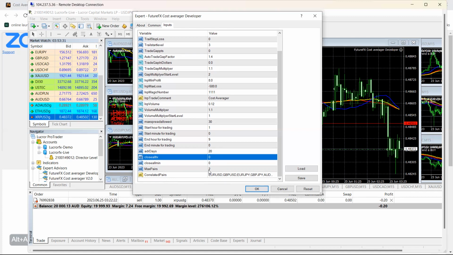I will mention, though, that with this setting, there is a slight chance, I've seen it happen, that if only one pair has trades open and 2 other pairs want to trade at precisely the same time, it may take out both trades.